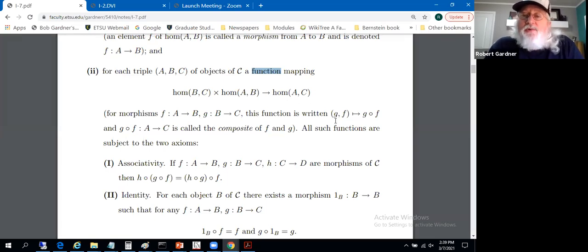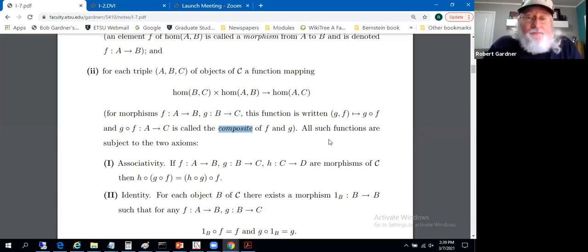We'll denote the fact that with the ordered pair, we associate an element of Hom(A,C), and we'll denote that element as g composed with f. g composed with f maps A to C. In other words, the composite of those two is given here, and composite is the common term. So we have a composite of f and g, a composition of f and g.